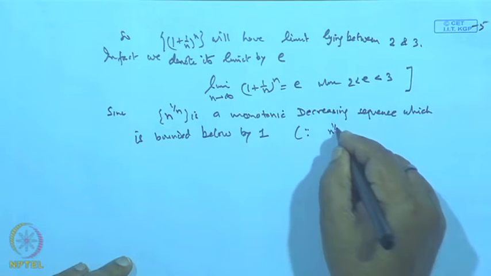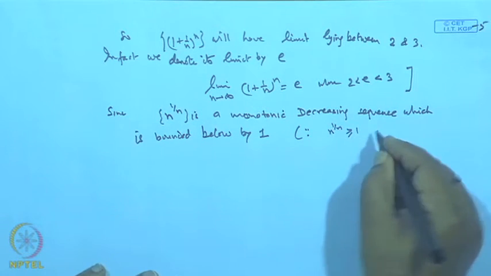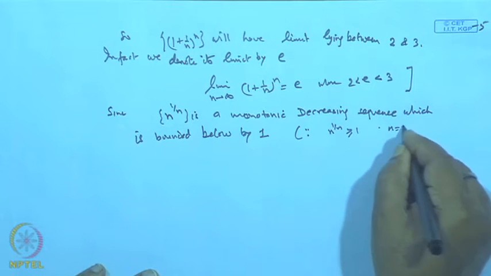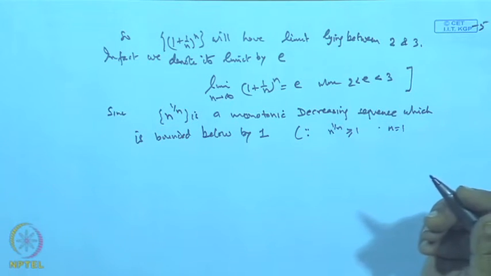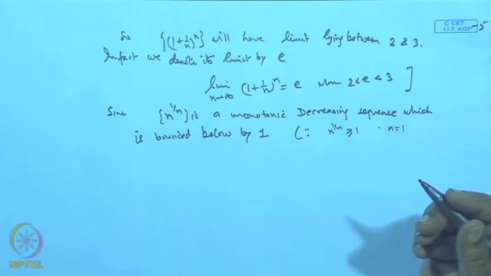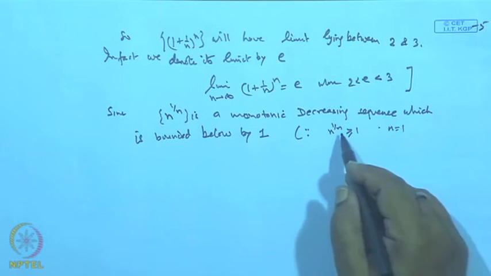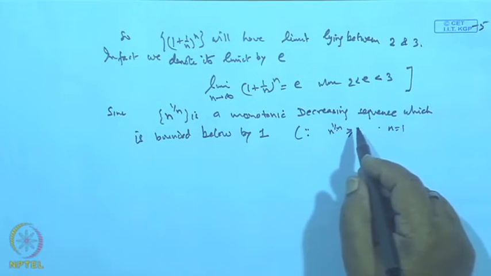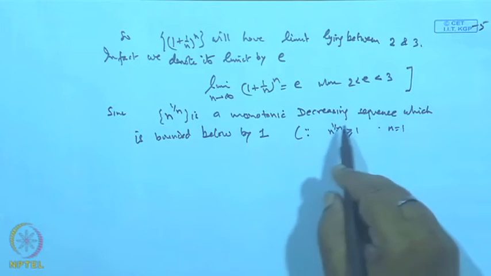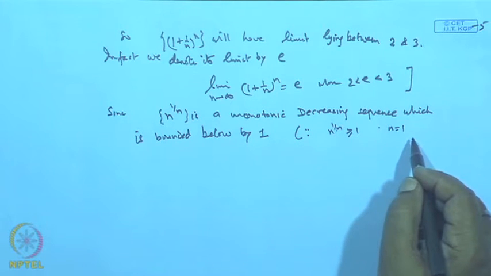Because n to the power 1 by n is greater than or equal to 1. When n is equal to 1 you get 1, for n equal to 2 it is greater than 1, is it not? So it is a monotonic decreasing sequence.